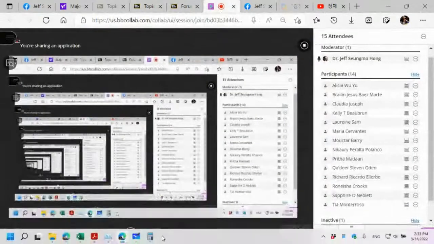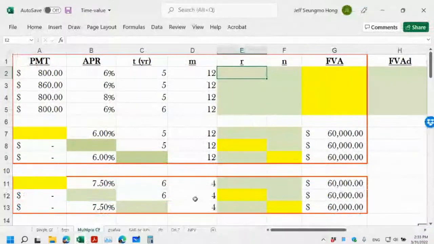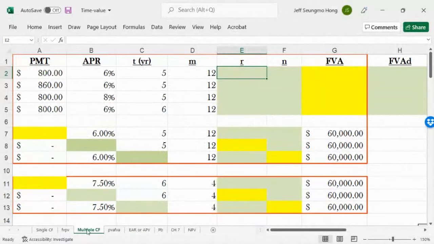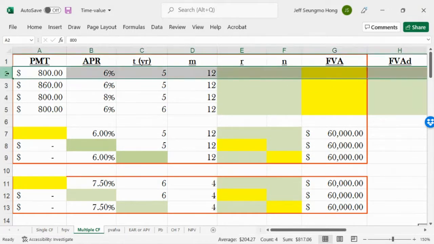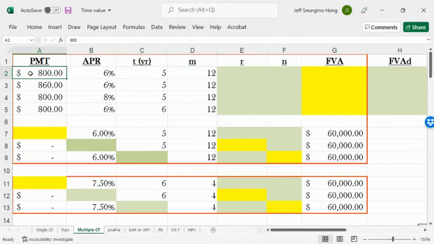So I hope you all have this file in front of you. And I told you to look for the right bottom tab, right? So let's go to row 2. This is exactly our example, isn't that right? $800 is the monthly deposit, 6% APR, 5 years, and the compounding frequency is 12.